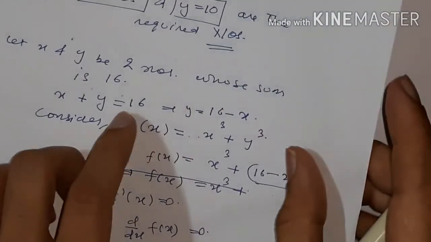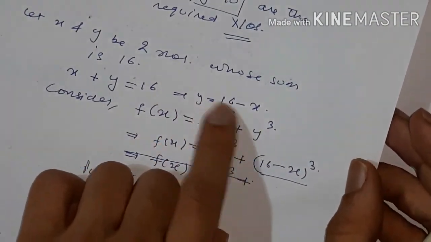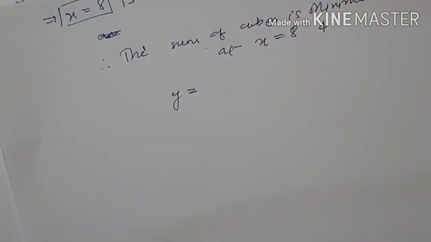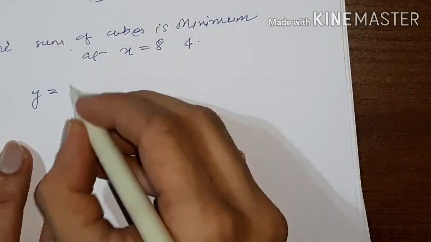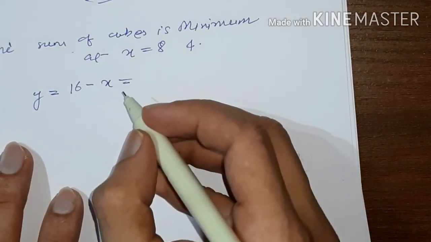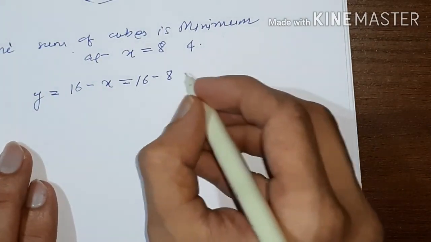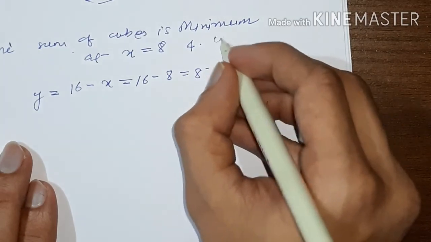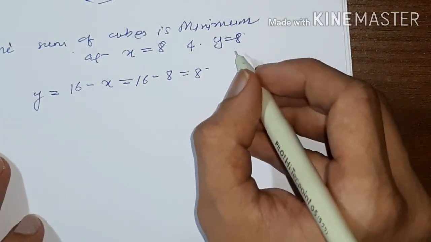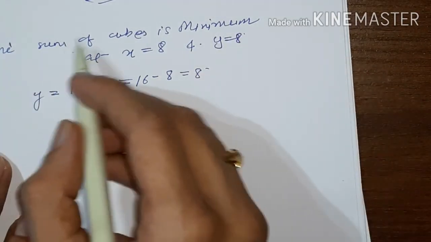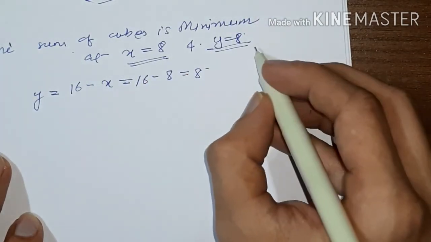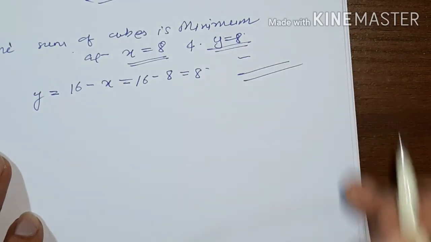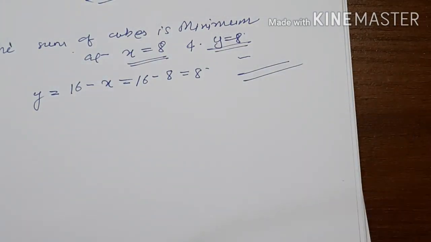Y was 16 minus x, so that is 16 minus 8, which is equal to 8. So y equal to 8. The sum of the cubes is minimum at x equal to 8 and y equal to 8. So this is the solution of the problem.